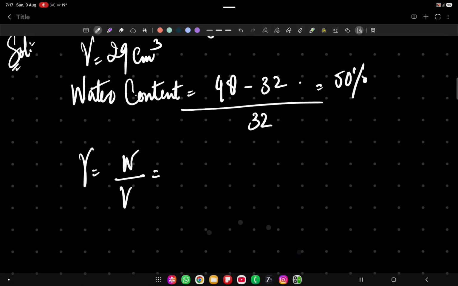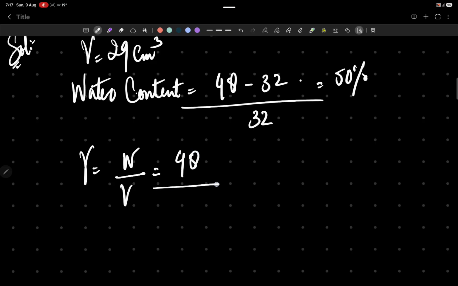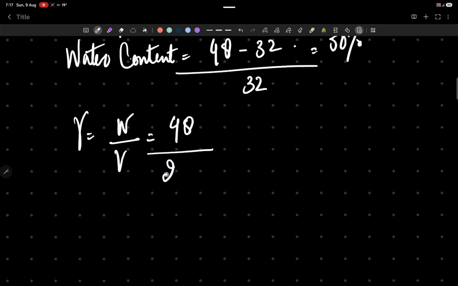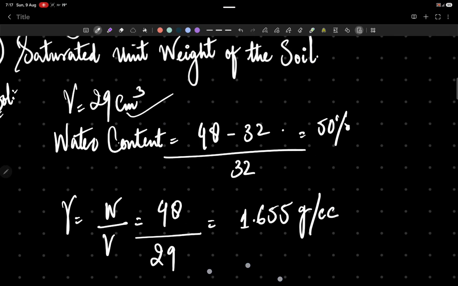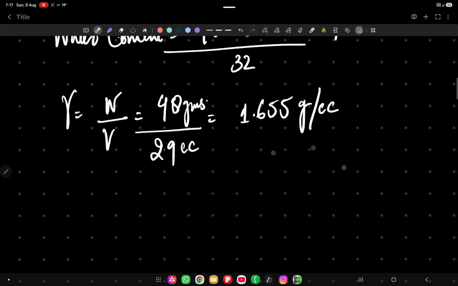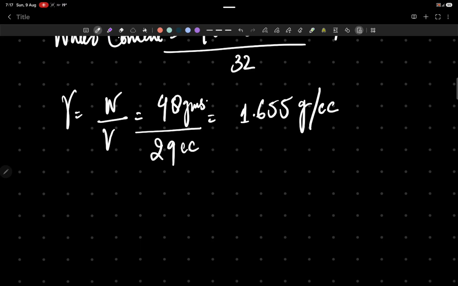How much? 48. What is the volume? Volume is 29. So it becomes 1.655 grams per cc. Weight was 48 grams and the volume was 29 cc, so the bulk unit weight becomes 1.655 grams per cc.